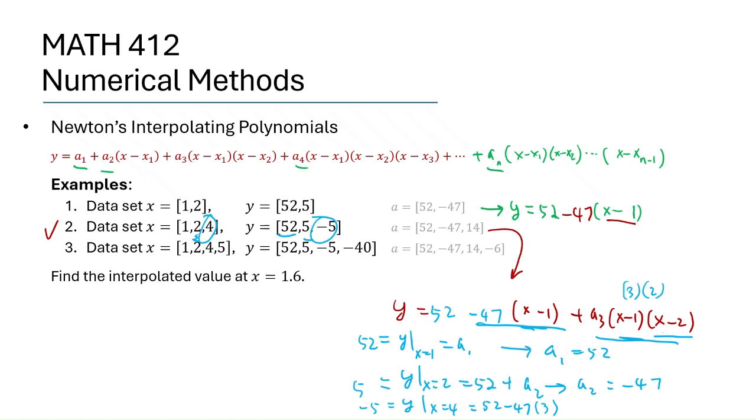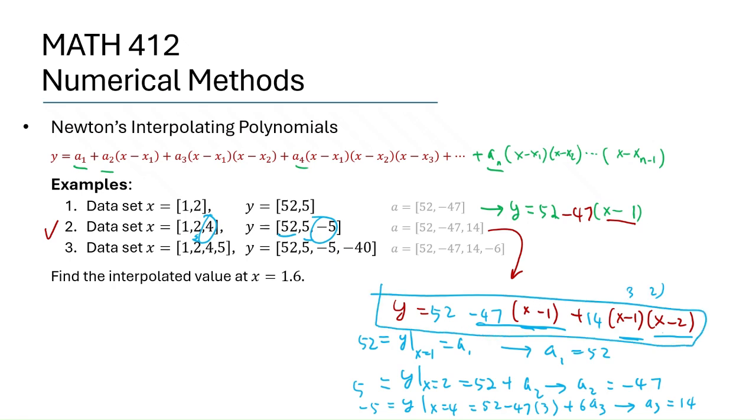That's 6, so you have 6 a sub 3. Now in that equation, a sub 3 is the only unknown. You solve for this, and you get 14 eventually. So we have found this finally.